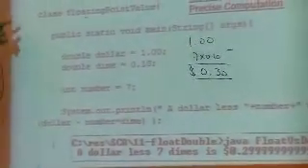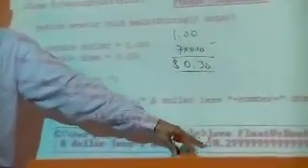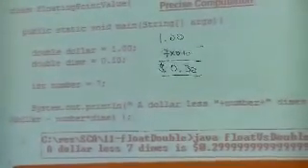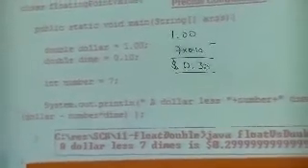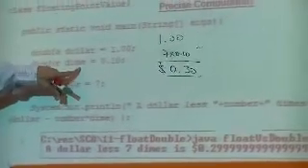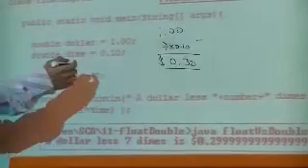Type this code up, or the code is already given to you, and run it. You will be surprised. You won't get exactly 0.30. You will get some number like this. This is because internally the floating values are not stored as perfect values. See what we are doing here, the math is dollar minus dime times number 7, right? It depends on how internally things are stored, but at least one of them is not stored exactly like this.